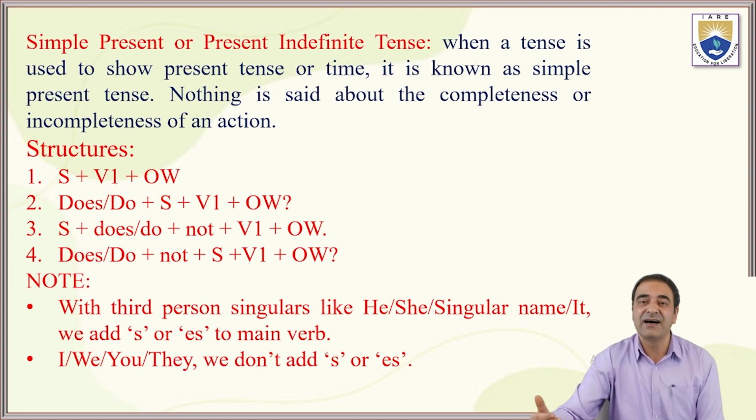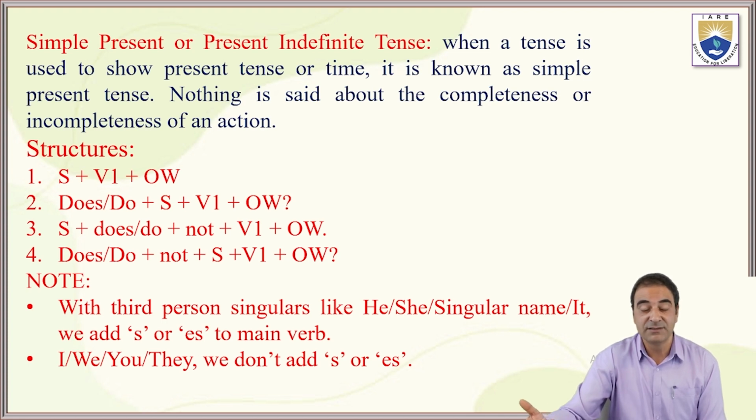Now the question arises, can we express a future event or a continuous action in simple present? Yes, we can, but under certain situations. That's why I told you nothing is said about the completeness or incompleteness of action.